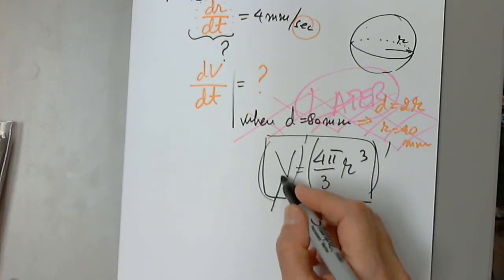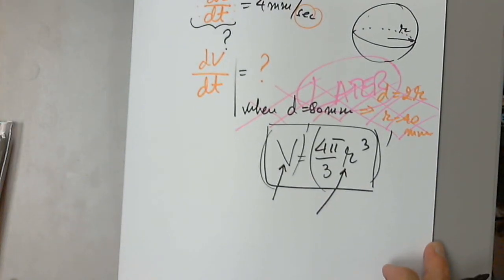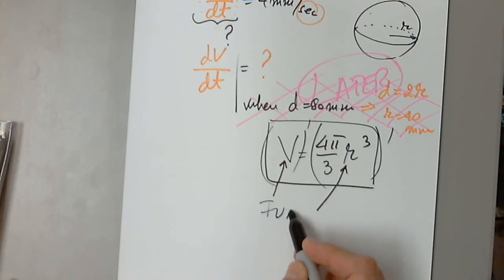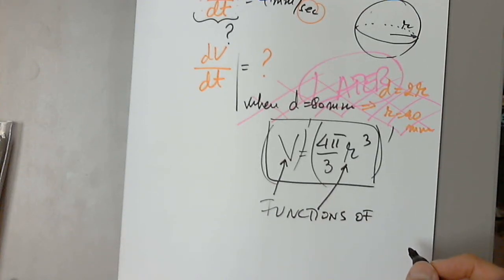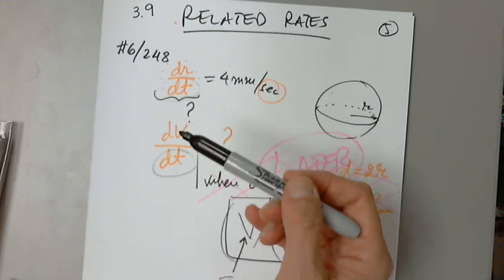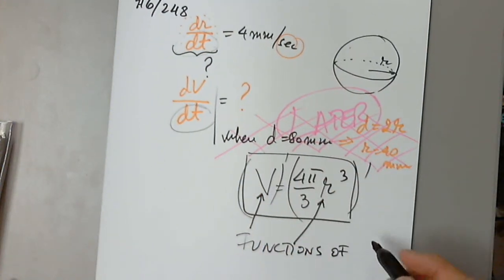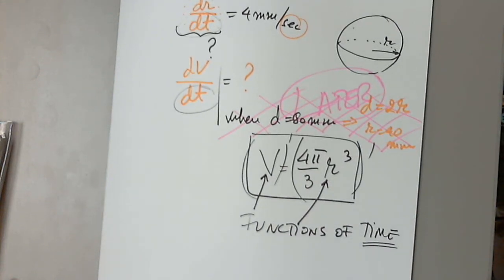Keeping in mind that this and this are what? Functions of time. Of course, it's very clear. When I'm given dr over dt and I'm asked to find dV over dt, they must be functions of time. If they're not functions of time, then what's the point of doing all this?